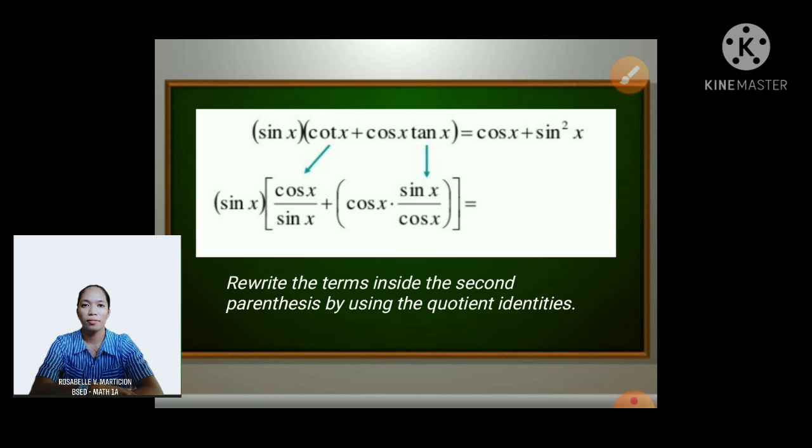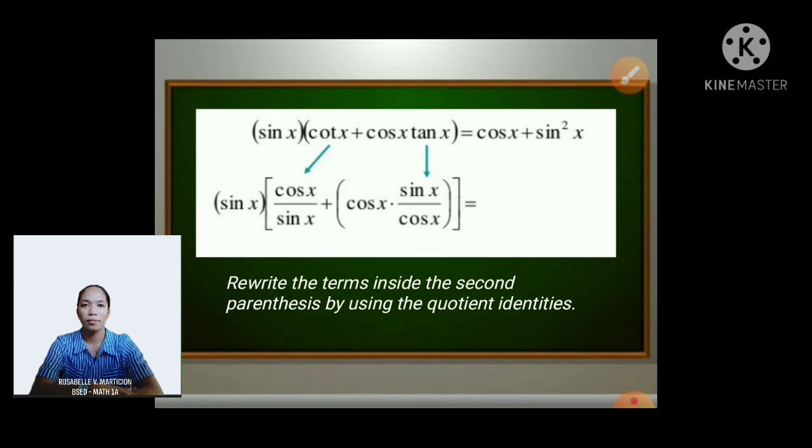Sin x multiplied by cos x over sin x plus cos x times sin x over cos x.